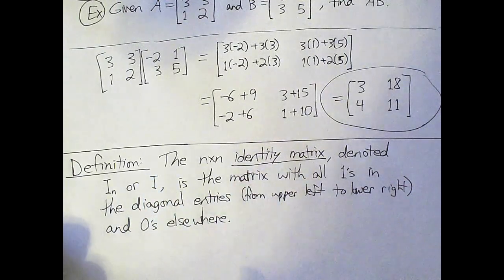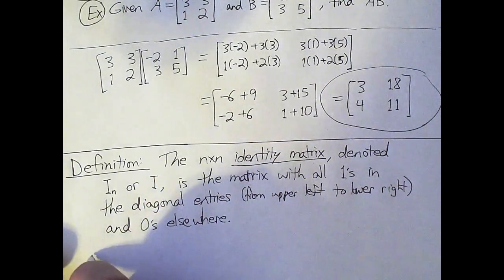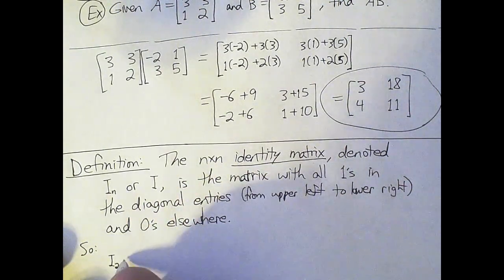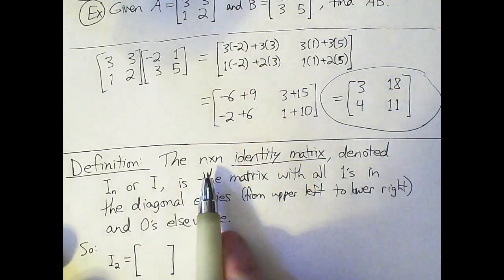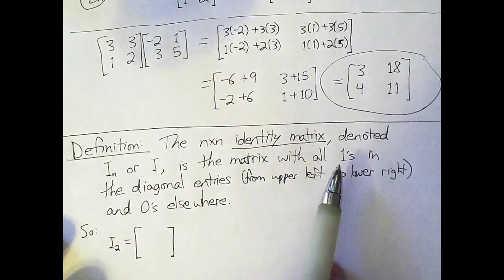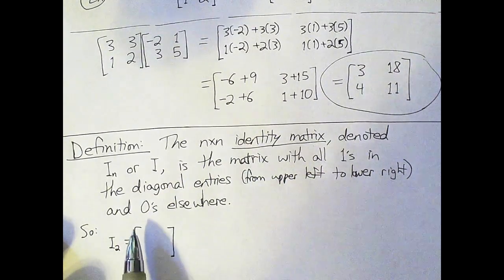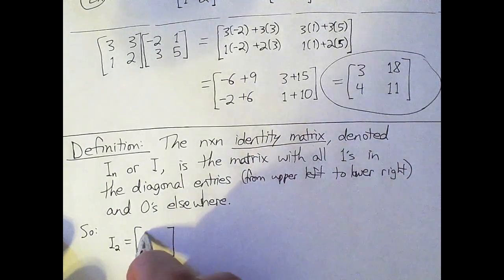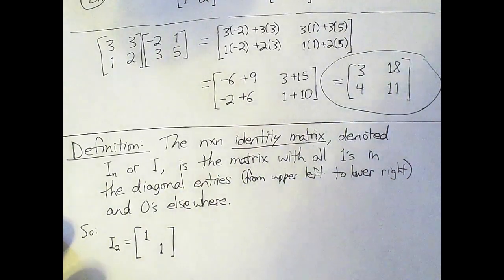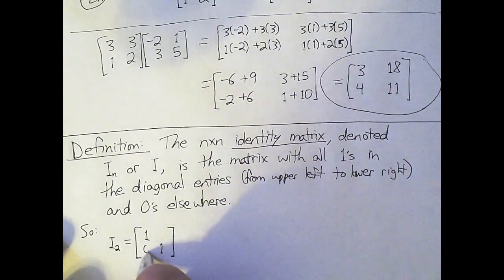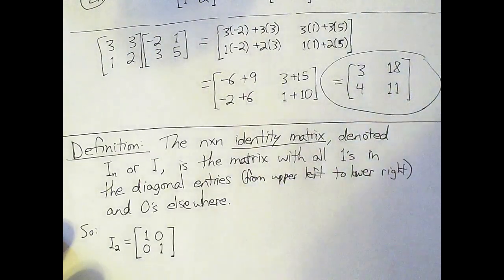So, for example, I2 is a 2 by 2 matrix with all ones in the diagonal entries from the upper left to the lower right. So the upper left of this to the lower right, those are going to be ones, and then everything else is going to be a 0. So that's the identity matrix I2.